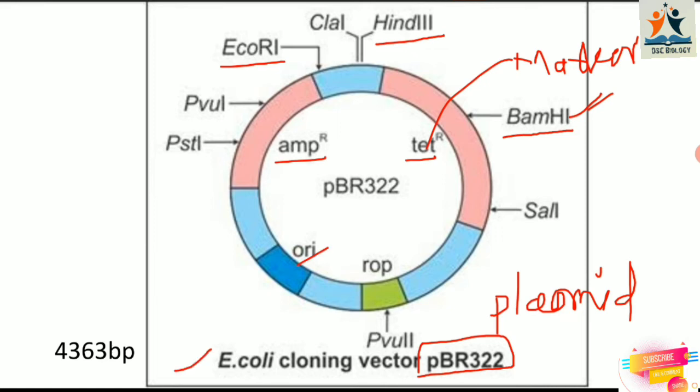This plasmid is mainly used to transfer the desired gene into host cells like E. coli, which are prokaryotic, and its size is 4363 base pairs. We insert our desired gene in either the AmpR or TetR site.